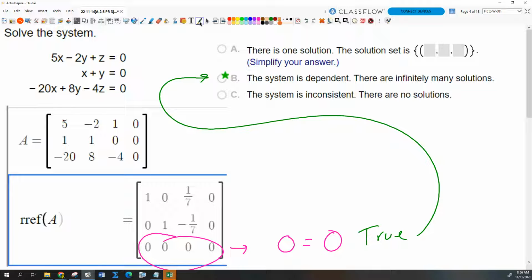So what do we know? If we don't get a single ordered triple, then you look at that bottom row. If it's true, it's infinitely many. If it's false, what do you suppose the answer is going to be? No solution. Yeah, there you go.